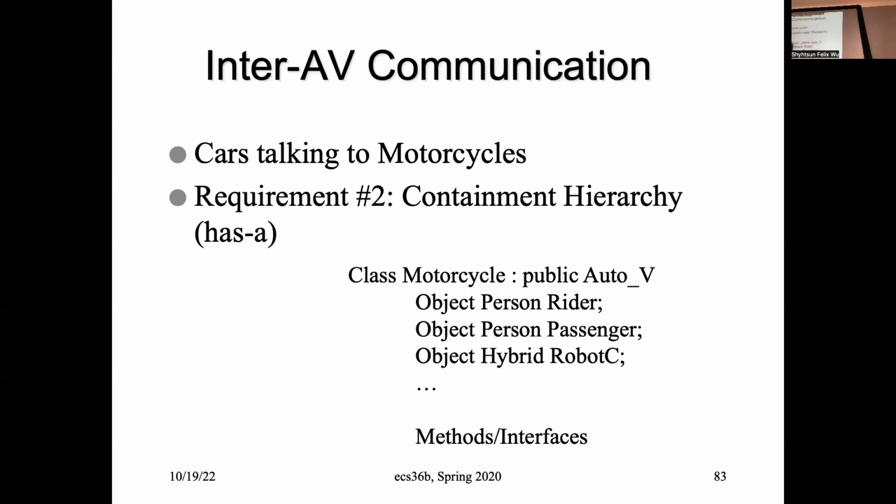The content of the object contains two parts. One part is the content. For example, this is the motorcycle. It has a rider, which is a person object, and it has a passenger, which is also a person object. And then it might have a hybrid robot component.